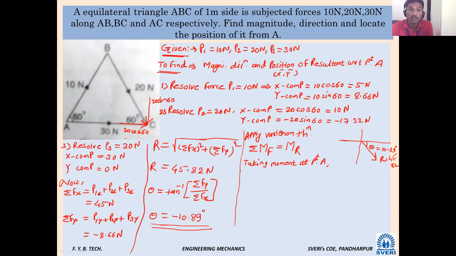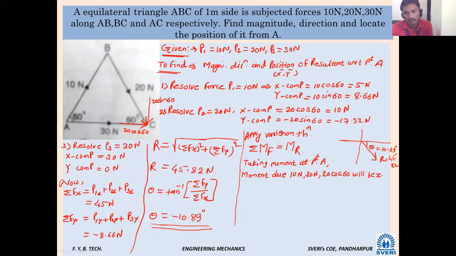Now tell me, due to which component will its moment become 0? The x component will become 0. So for your information, I will write here: the moment due to the 10 Newton, the 30 Newton and 20 cos 60 will be 0.